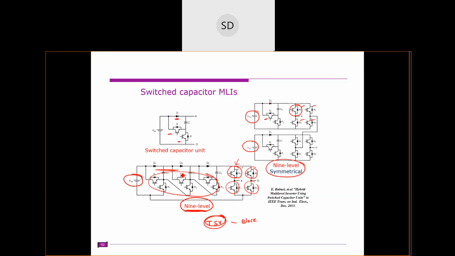Here all the switches are supposed to be rated for 2 VDC, and here also 2 VDC, but these switches are supposed to be rated for 4 VDC. You can do some side-by-side comparisons using these parameters. Clear?